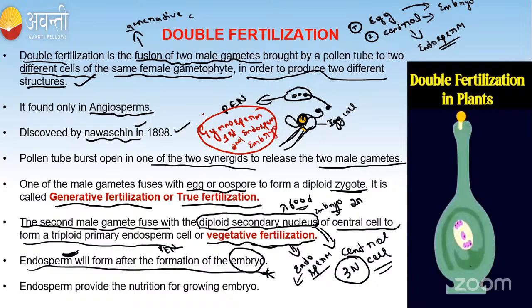Here I don't have a place, that's why I'm writing here. In the angiosperm, first embryo, then endosperm. But in the gymnosperm, first endosperm will form, and second embryo will form. Okay, fine. I think you understood what I told you, and you know that the endosperm will provide the nutrition for the growing embryo.